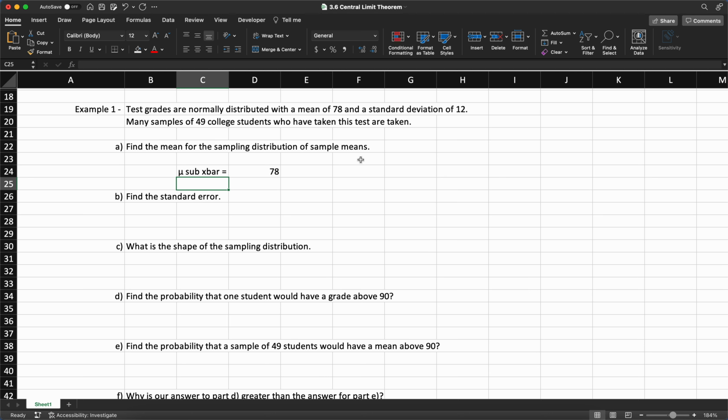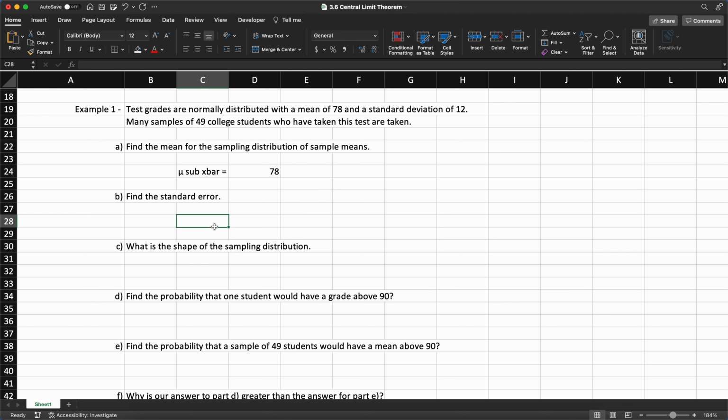And when I average together the group that had a mean slightly more than 78, the group that had a mean slightly less than 78, and the group that had a mean exactly 78, and I have enough groups, many samples, I'm going to end up with the same mean as the population mean.